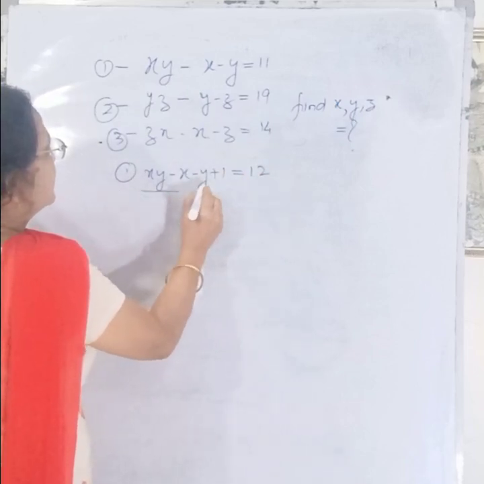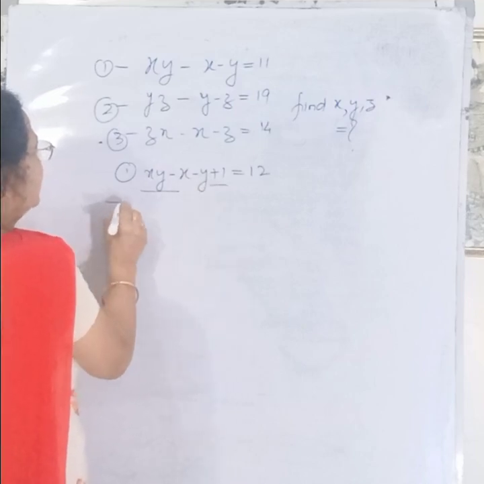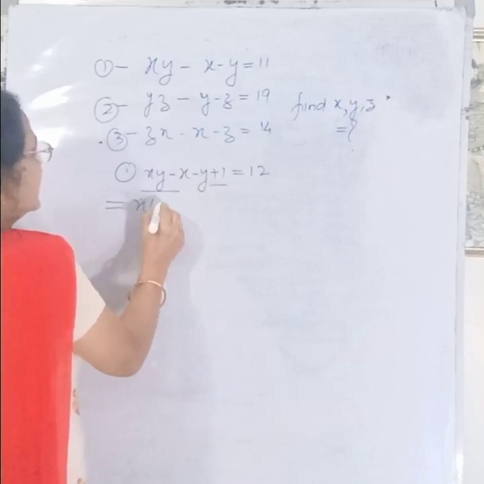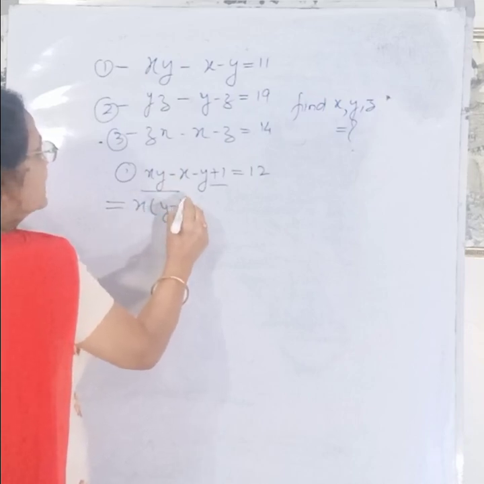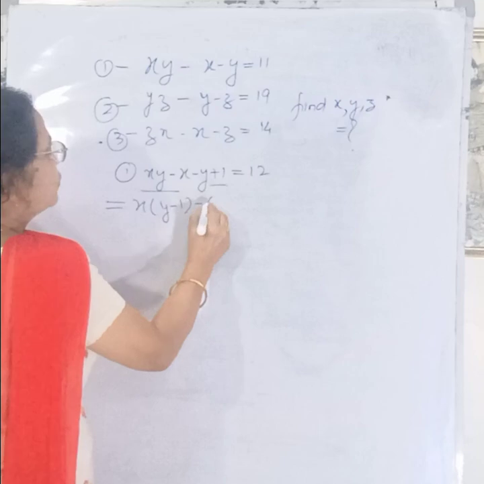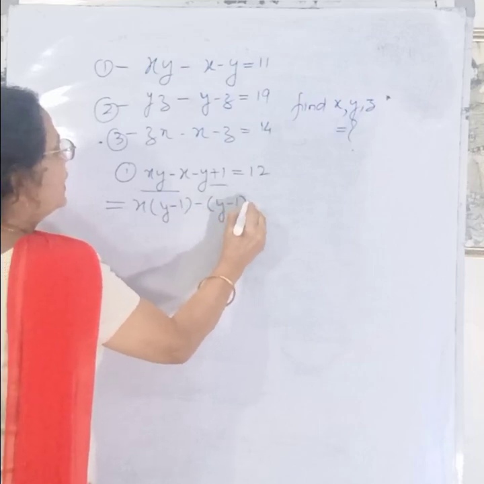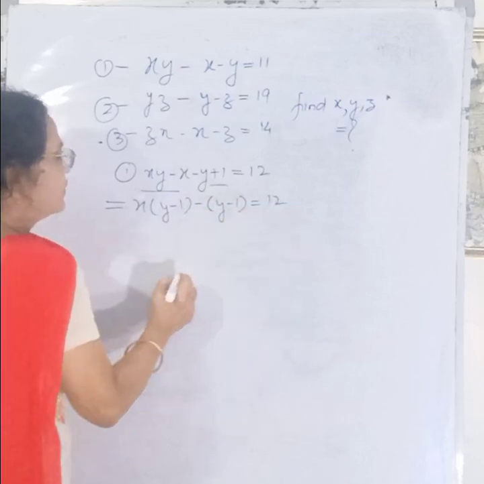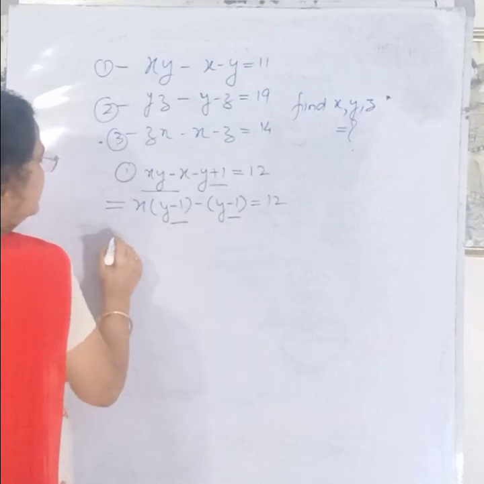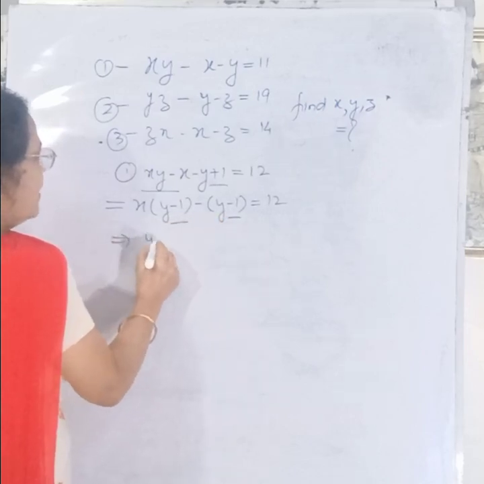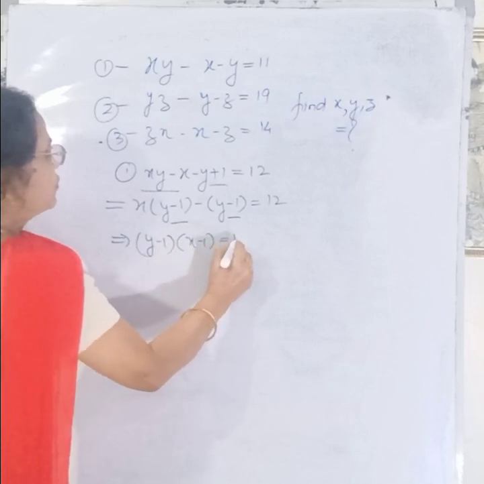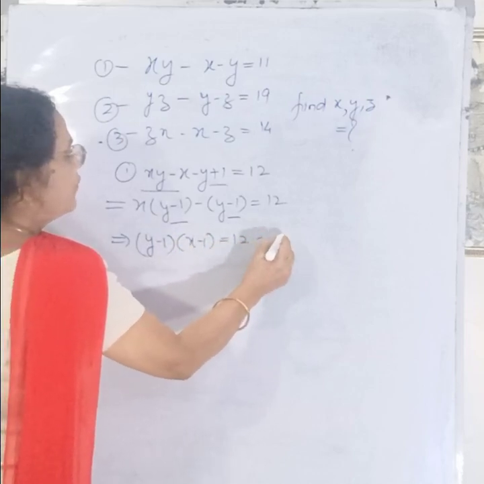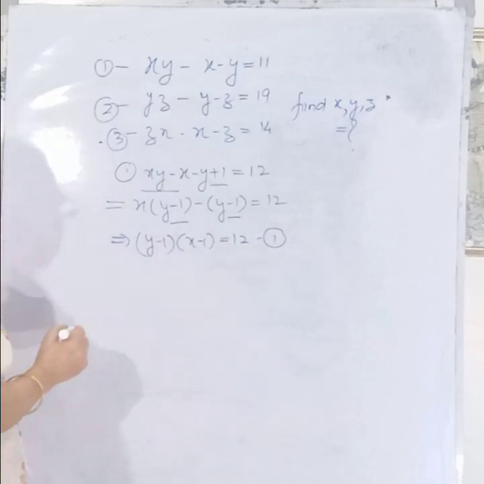Now we can convert it into factor form: x can be taken as a common factor between the first two terms. We will get x times y minus 1, minus 1 times y minus 1 taken common, which equals 12. Now this becomes (y minus 1) into (x minus 1) is equal to 12. This is the new form of equation number 1.